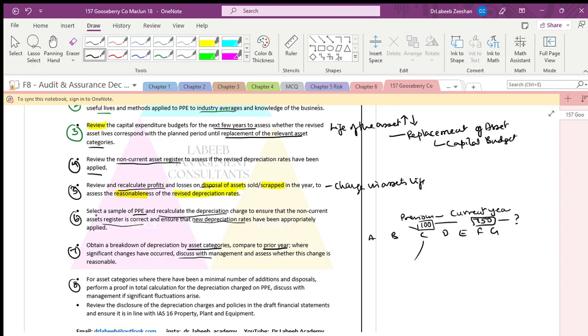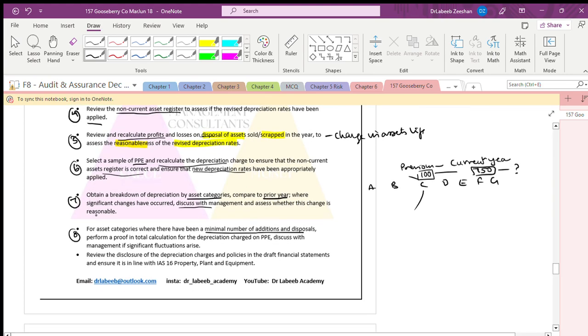Point number 8: for asset categories which have a minimal number of additions and disposals, you cannot have every asset changing. Whichever assets have a minimum number of additions and disposals, compare them to the total calculation of the depreciation charge. If you find any differences or changes, we have to discuss with the management if significant fluctuations arise.